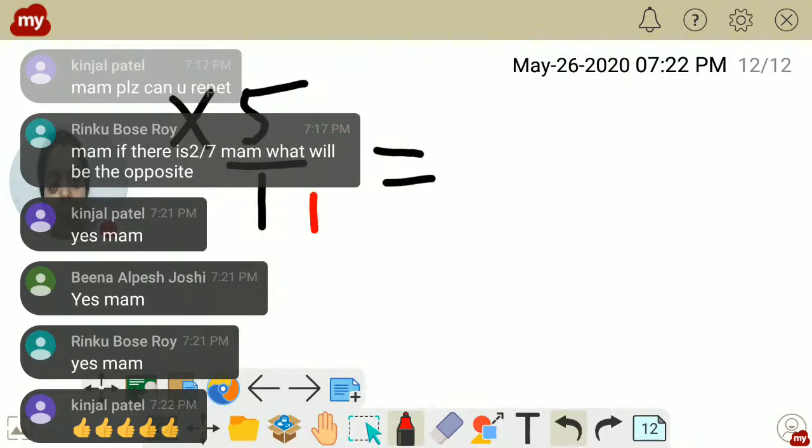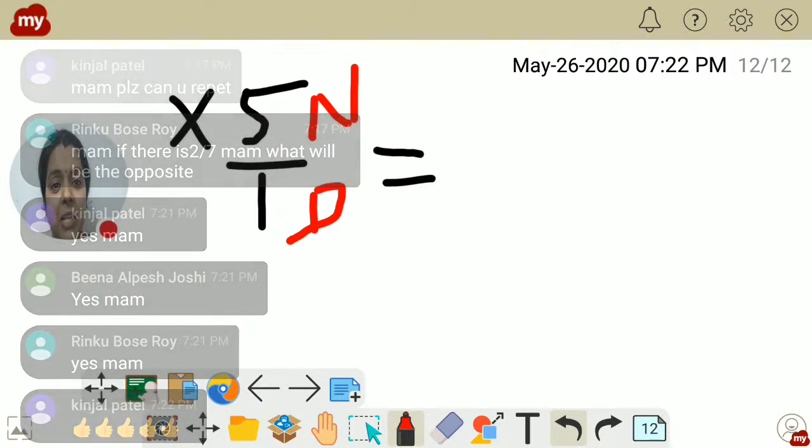This is 1, which is the denominator, and this is 5, which is the numerator, right?